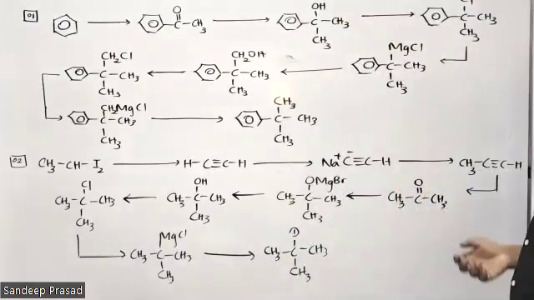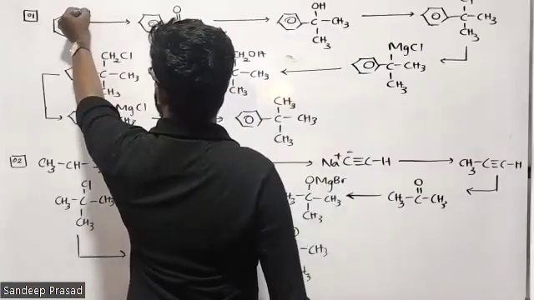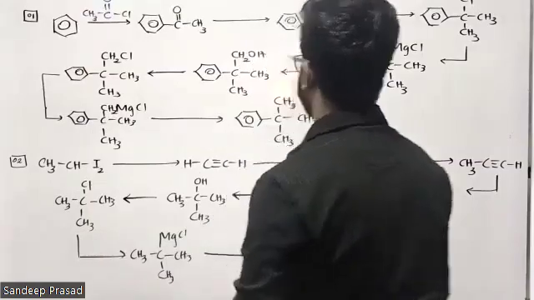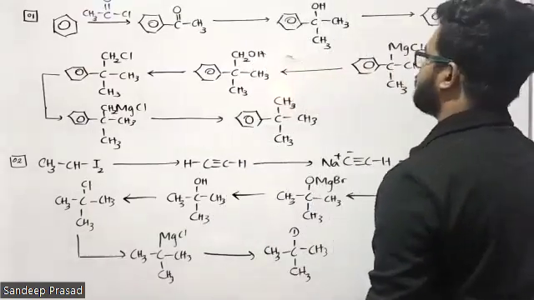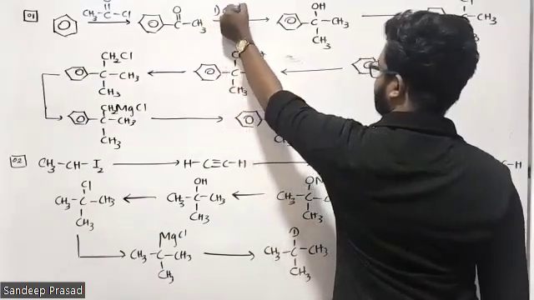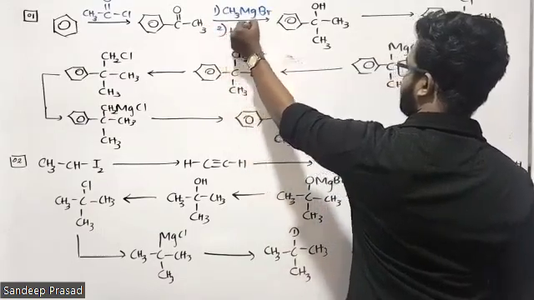So let me go to the first one. In the first one, students, we can say CH3C double bond O Cl, then MgBr, secondly H3O plus.